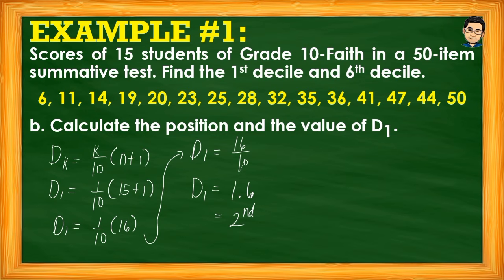So, based from these scores, yung second value natin is yung 11. So, therefore, D sub 1 is equal to 11. So, yan po yung value ng D sub 1.